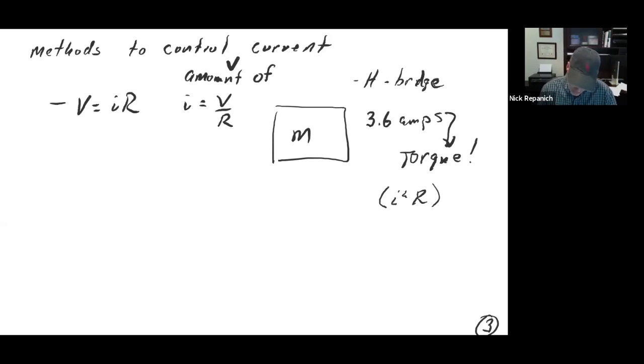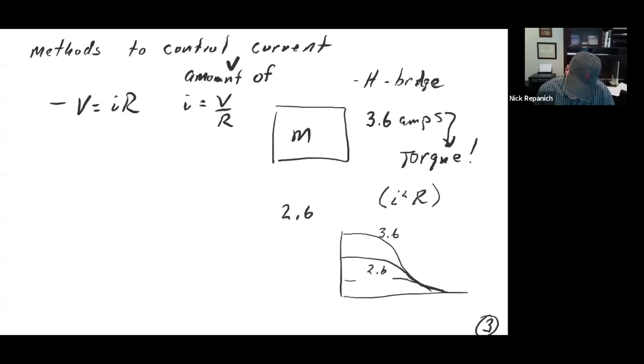What if you give this motor 2.6 instead of 3.6? Now what happens? Well, you're looking at the speed torque curve. This one was 3.6. Here's 2.6. Here's 1.6. So you're starting to see that torque versus speed, that current is proportional to torque.